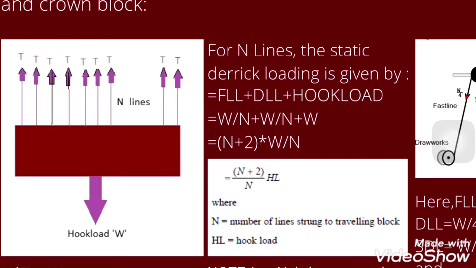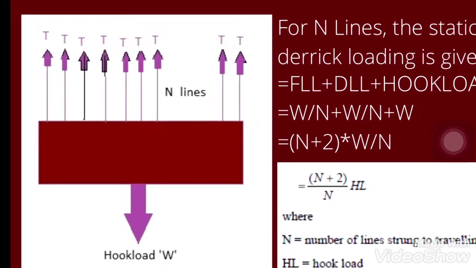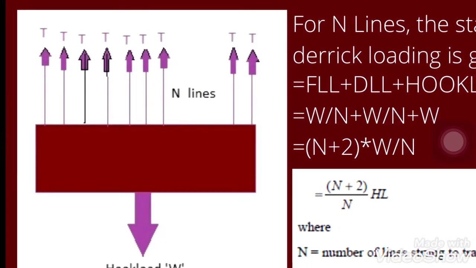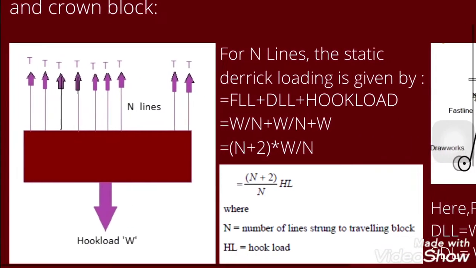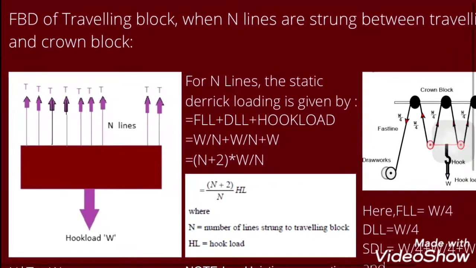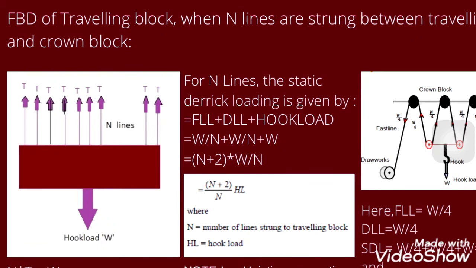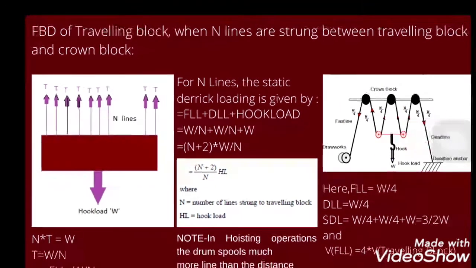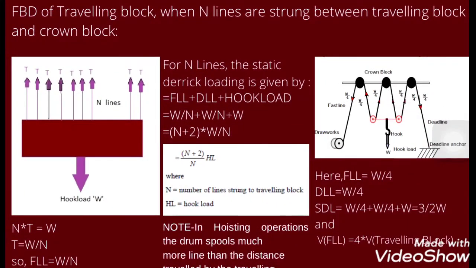As N lines are strung, the traveling block will have N by 2 sheaves, and crown block having one more sheave makes it N by 2 plus 1. So FBD of the traveling block will look like this with N lines strung, and these N lines are supporting hook load W. So the tension in each line will become W by N. So the value of fast line load and dead line load also become W by N and W by N.